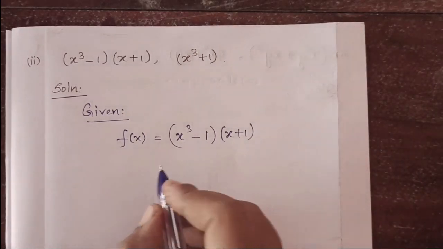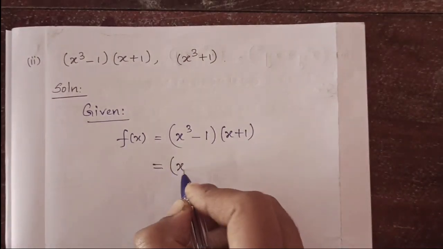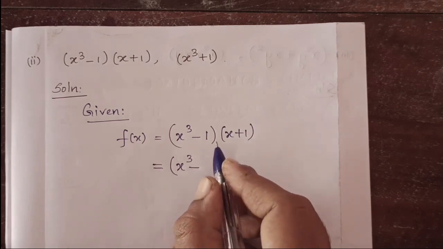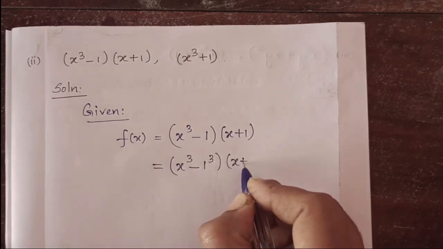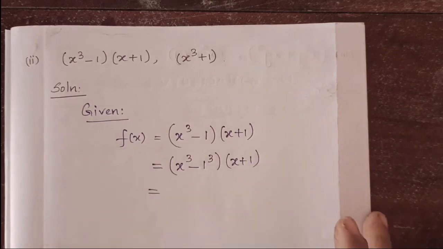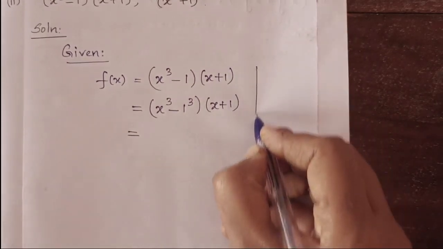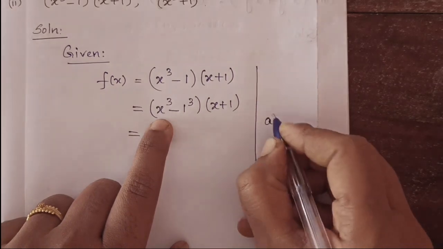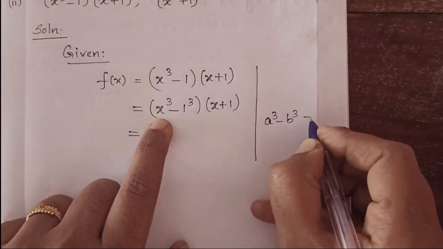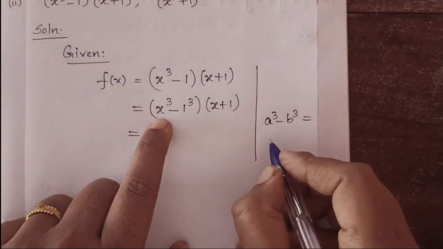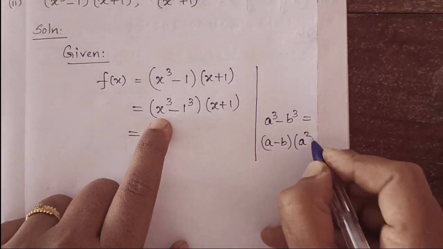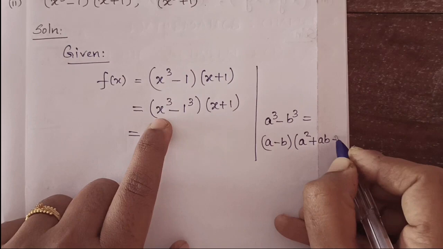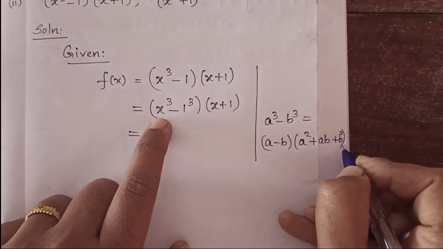Shall we factorize this? x cube minus 1, I am writing 1 cube. There is no change in value. So here it's the time to apply the identity. So a cube minus b cube, what's the formula? Let's recollect that. a minus b into a square plus ab plus b square.